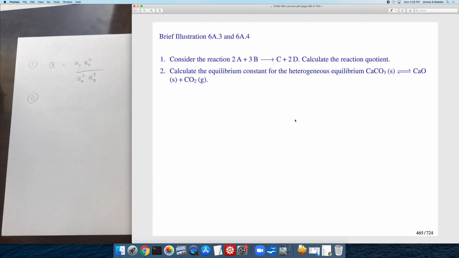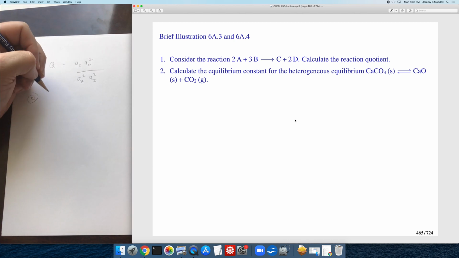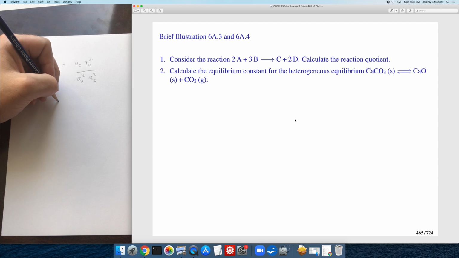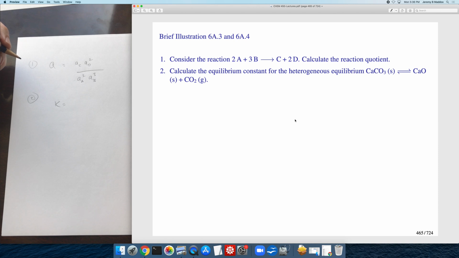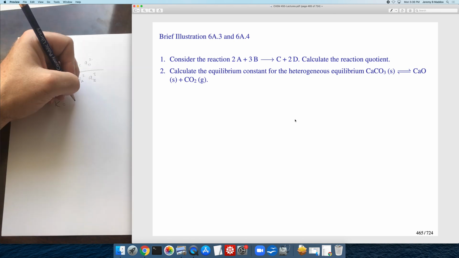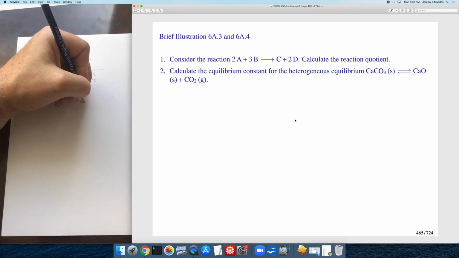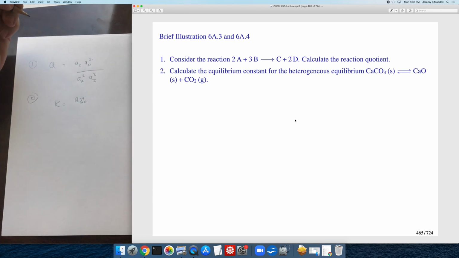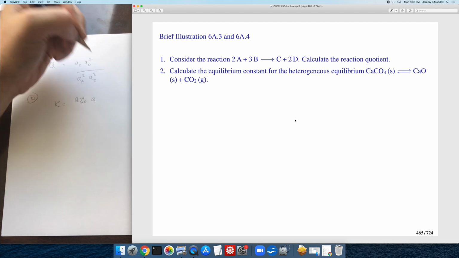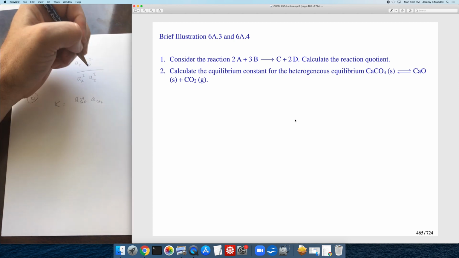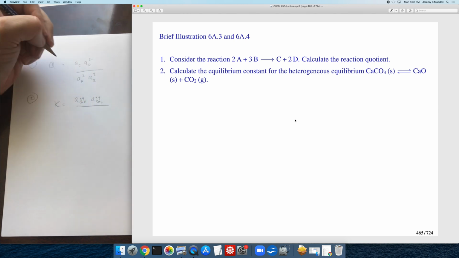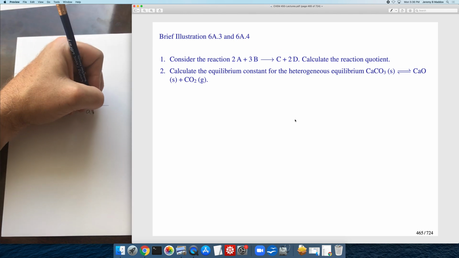So for a specific reaction, K would be the equilibrium activity for the calcium oxide times the equilibrium activity for the CO2 divided by the equilibrium activity for the calcium carbonate.